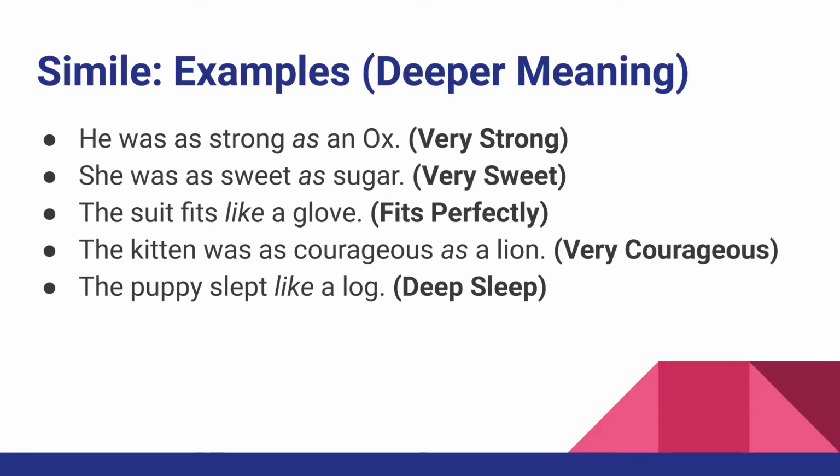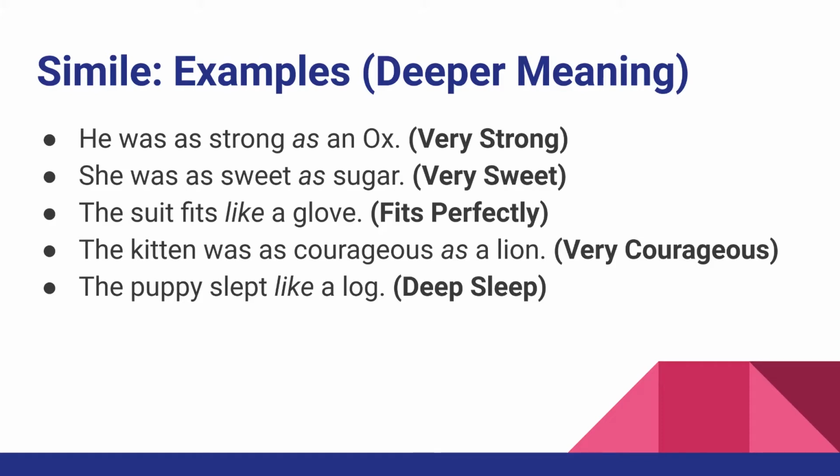So let's talk about the deeper meanings when you use a simile. So given the examples that we just went through, we're going to see how when we read the sentence without the simile, it doesn't have the same impact or the same deeper meaning as it does when you do use the simile. So, for example, the first one says, he was as strong as an ox. And if we just said he was strong, we don't have real context around that.